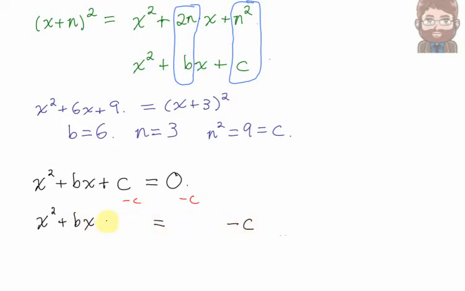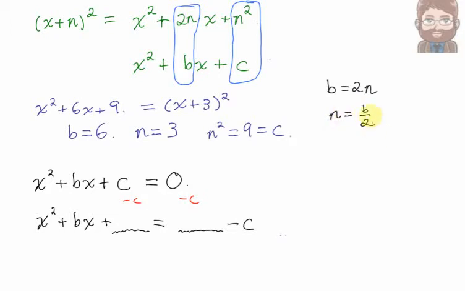Now I want to add something in this remaining spot. I'll have to add it to both sides to make the left-hand side a perfect square. What is it that I'm going to add to both sides? Well, we saw from before that if b is equal to 2n, our hope is that n squared will be equal to c. If b is equal to 2n, then n is equal to b over 2.